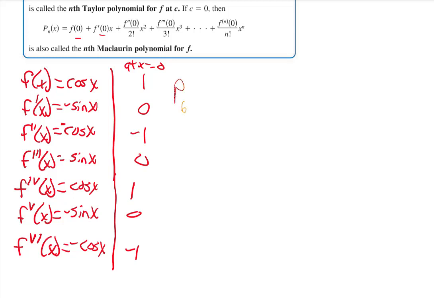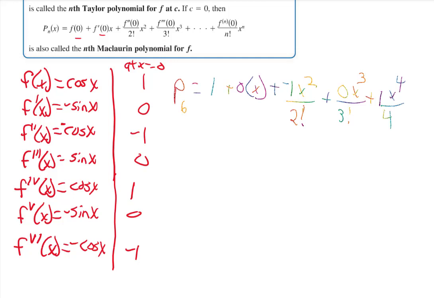So if we are writing out the 6th polynomial, we're starting off with the function value at 0, which is 1, plus the first derivative, which is 0, times x, plus the next derivative, which is negative 1, times x squared over 2 factorial, plus the next derivative, which is 0, times x cubed over 3 factorial, plus the 4th derivative, which is 1, times x to the 4th over 4 factorial.